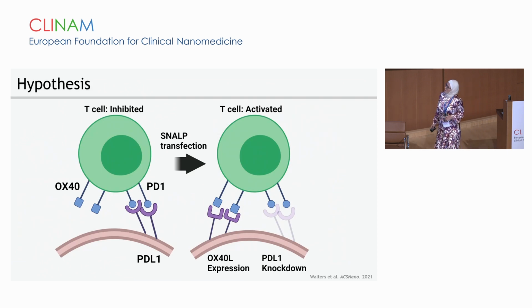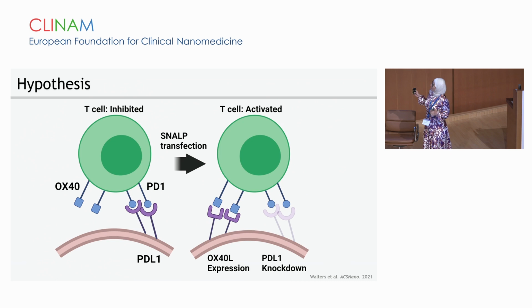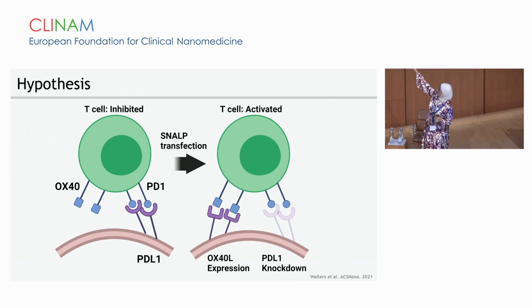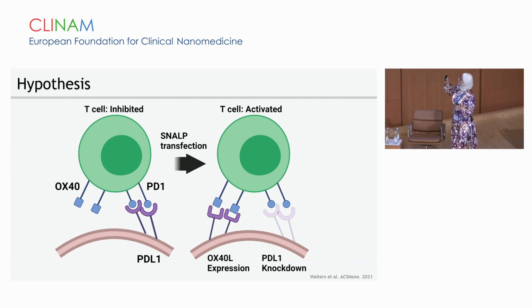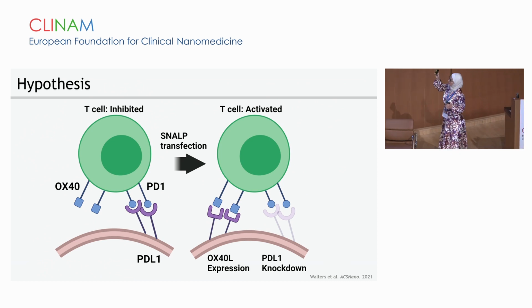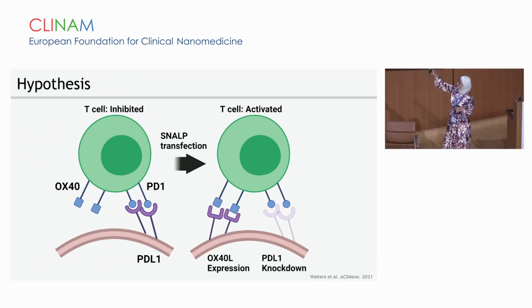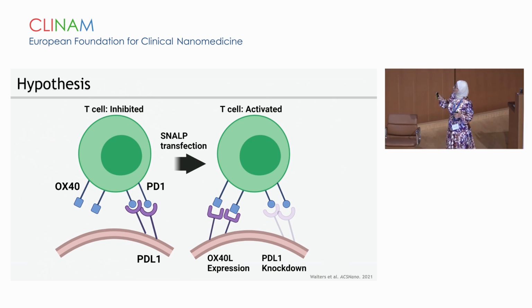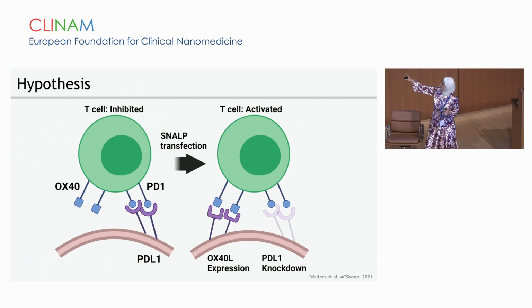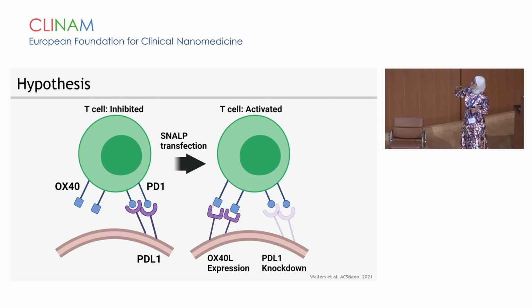In this study, we hypothesized that if you silence PD-L1, which is in the faint color here, you're stopping the activation of the T cells when it binds. The binding leads to inactivation of the T cells, and when you block these interactions, you lead to T cell activation. And when you express the OX40 ligand on the cancer cells or antigen-presenting cells, you also boost this T cell activation and proliferation.